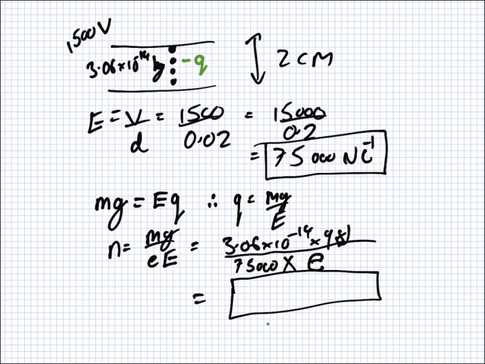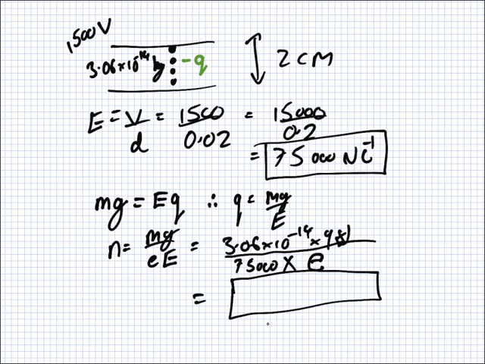What's the charge of the electron? Put 1.602 times 10 to the minus... It says so there: proton, electron, neutron. No, that sounds like the mass.